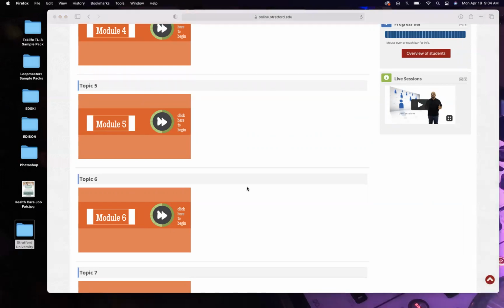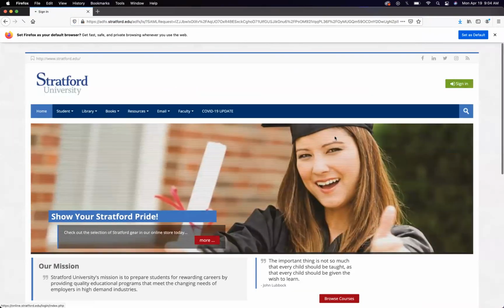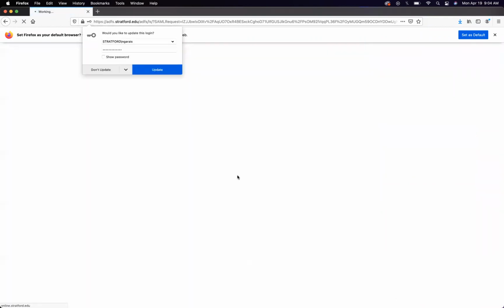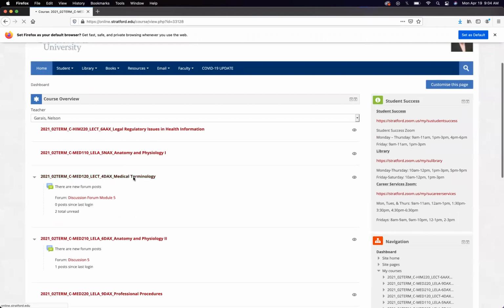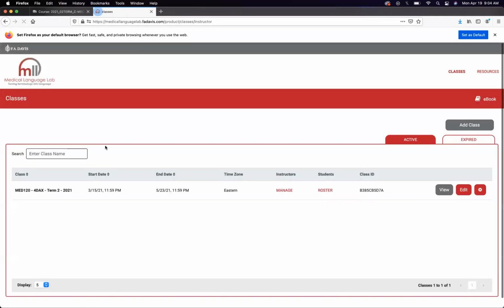Let's go to Firefox, because Safari for Macs, like I've stated before, is not so friendly. Towards Moodle, and of course, definitely your medical language laboratory. So we go into medical language lab, and we're looking for chapter 7. There's the ebook.